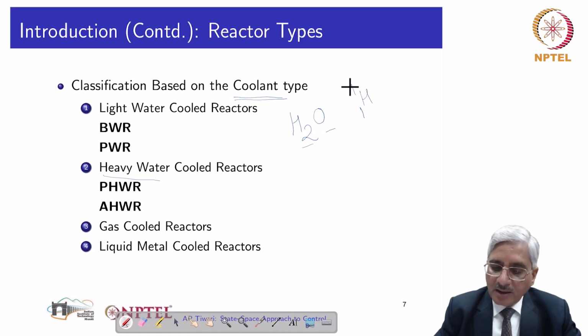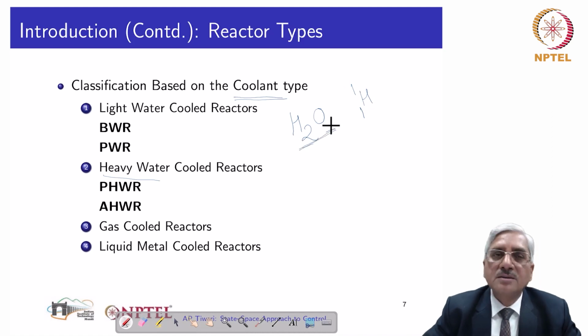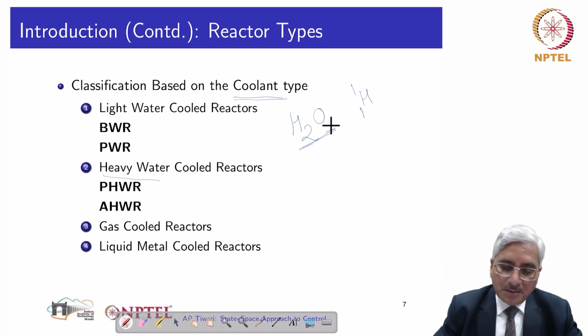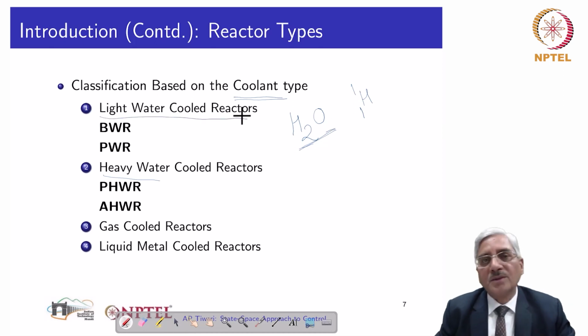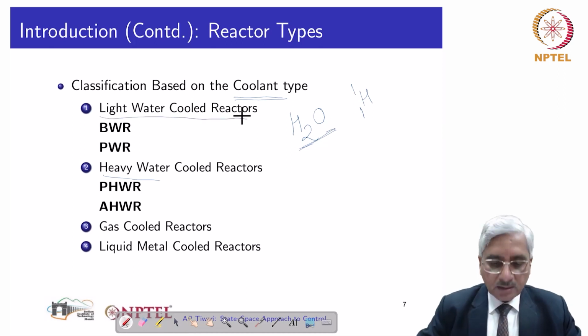So the water containing hydrogen and oxygen as its constituents is the coolant in light water cooled reactors. Nuclear reactors are also classified based upon the type of coolant they use.